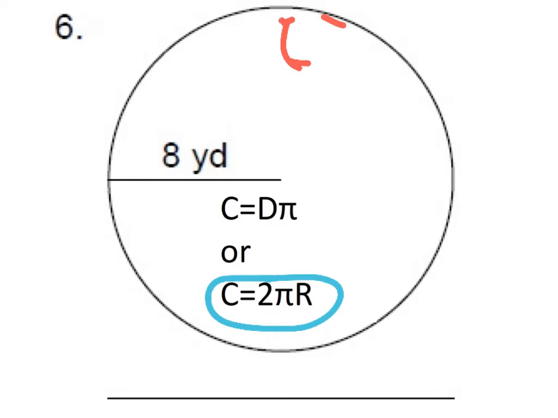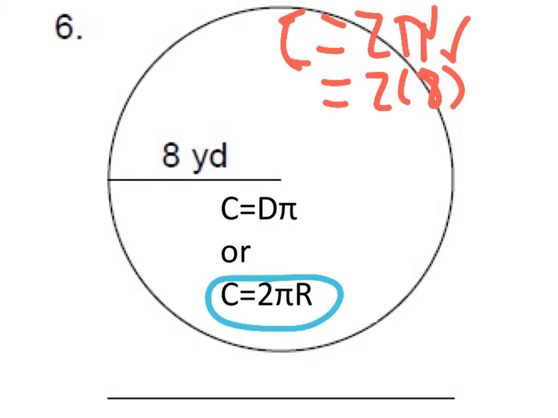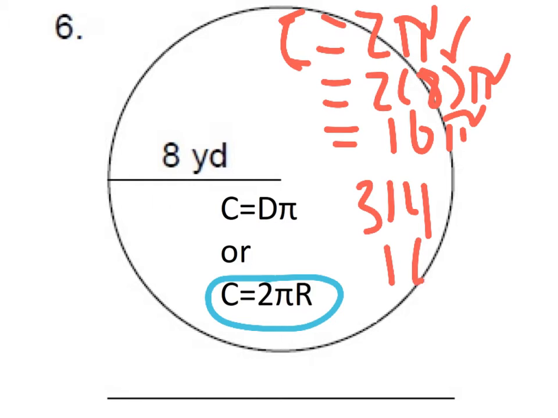C equals 2 pi r. Fill in the numbers. 2 times pi times r is 8. 2 times 8. And so that's 16 pi. And so we're going to do 314 times 16, moving the decimal over twice, of course.